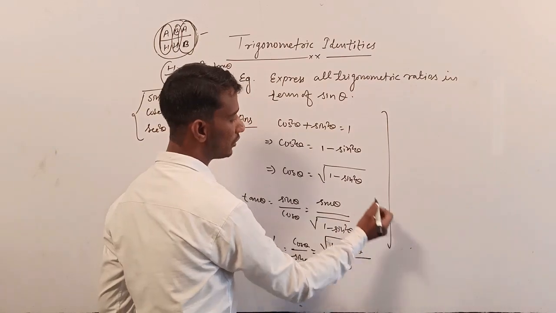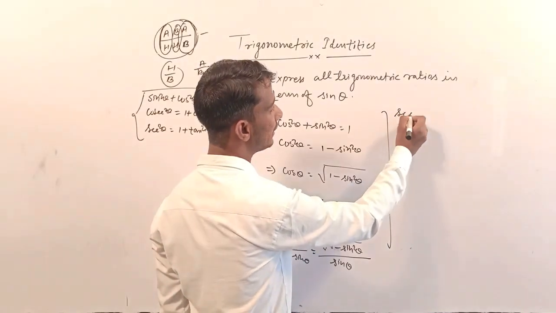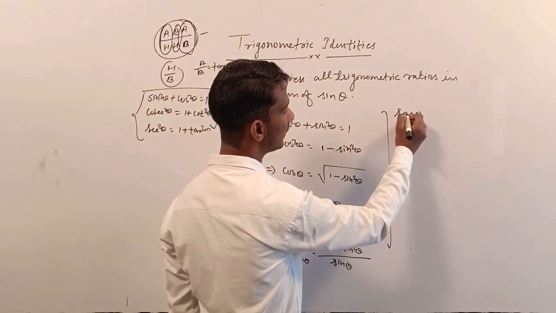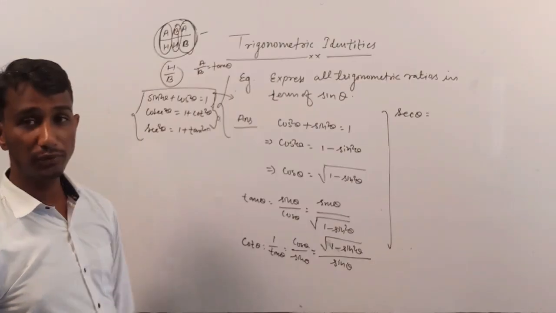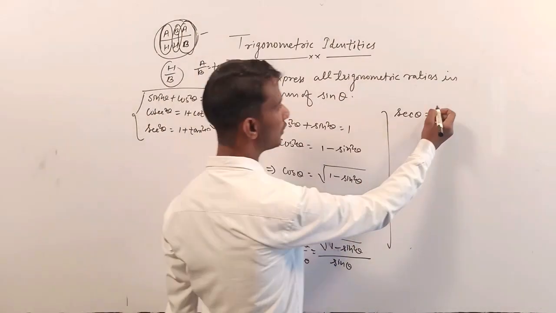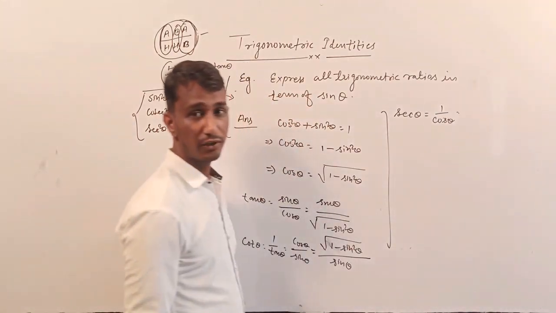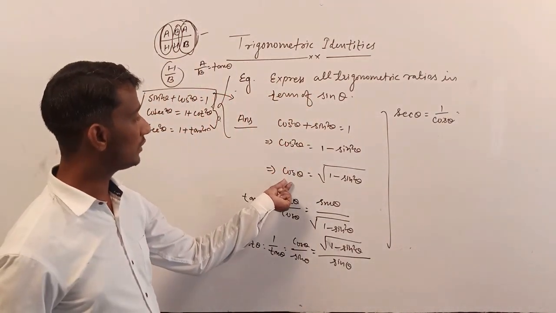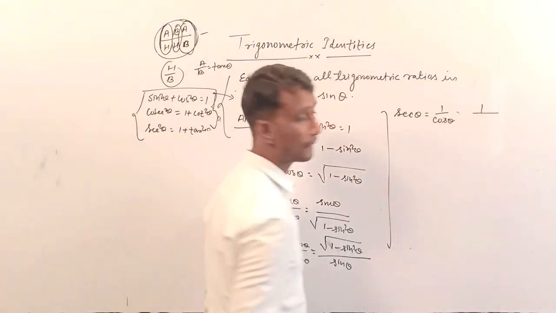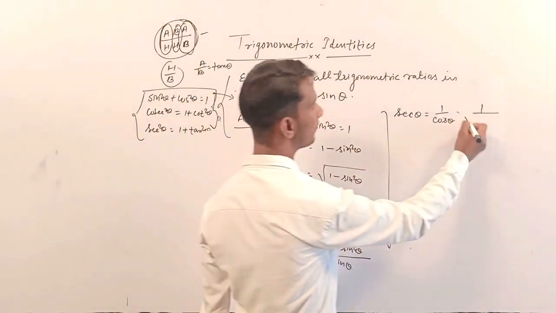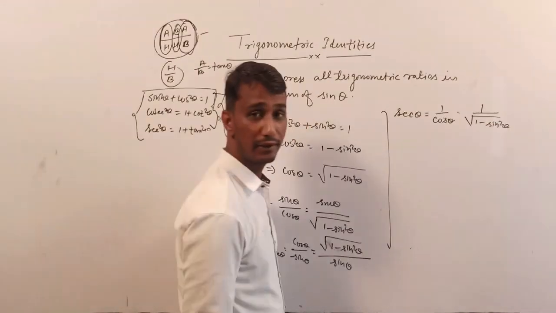Next, the remaining two trigonometric ratios are also there. How to represent sec in sin? Sec theta: you know that sec is the reciprocal of cos theta. We put the value of cos here, so easily you can write 1 upon under root 1 minus sin square theta.